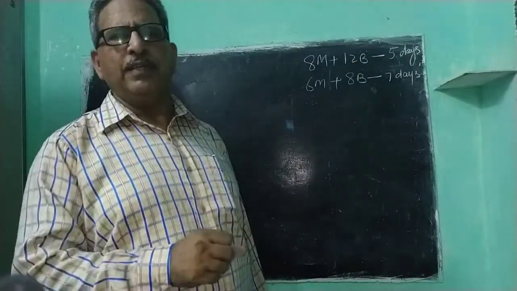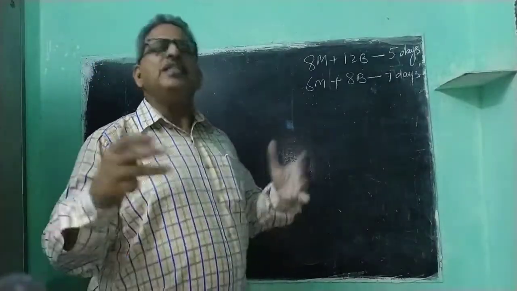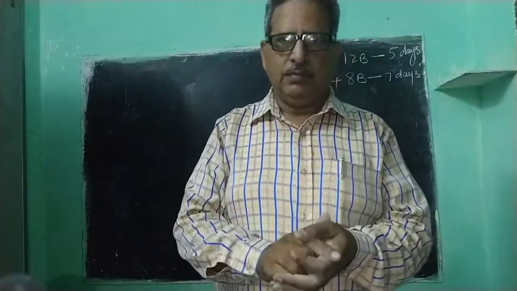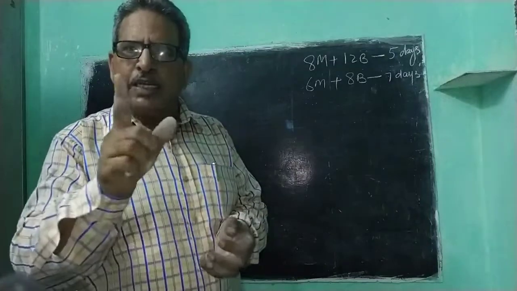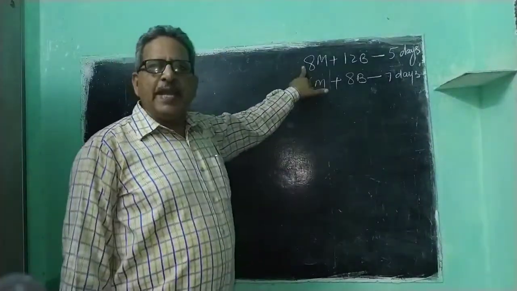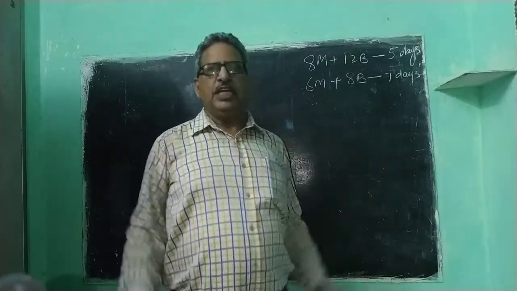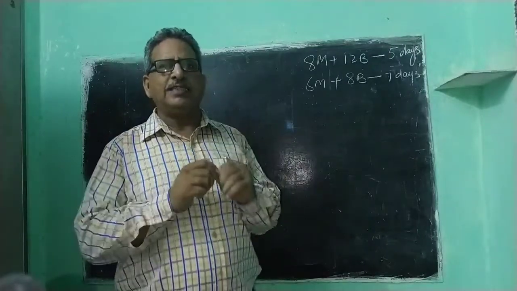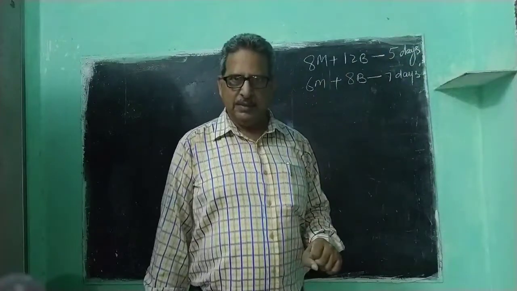So now let us do the third sum. Very important, beta. What is given here? Beta, there is one work, one task which is to be completed. There are two cases. In the first case, if 8 men and 12 boys work together, then this task is completed in 5 days.